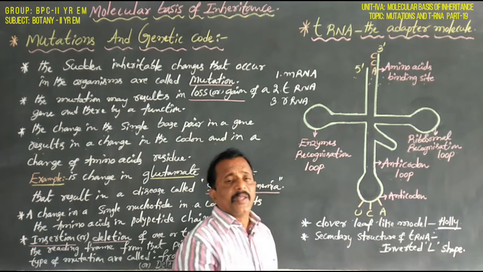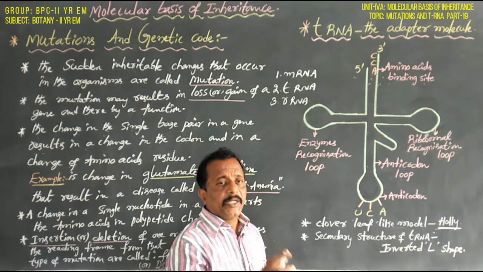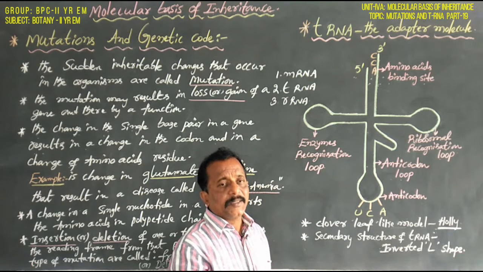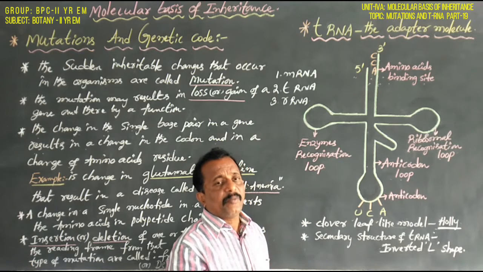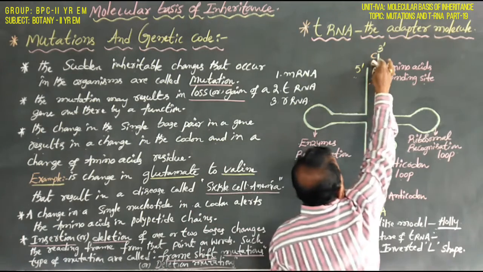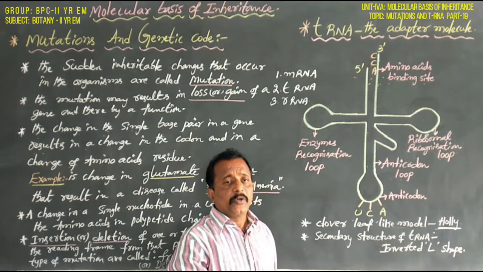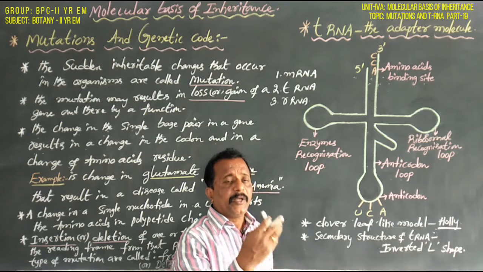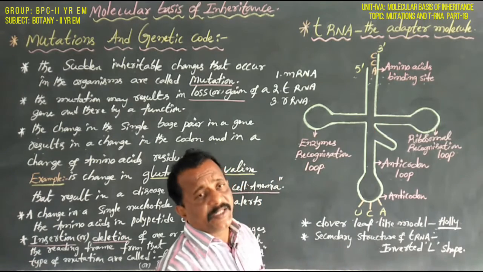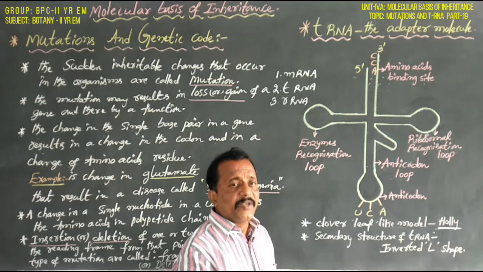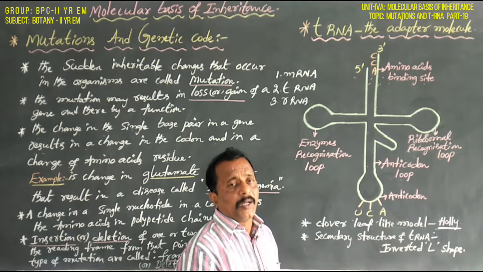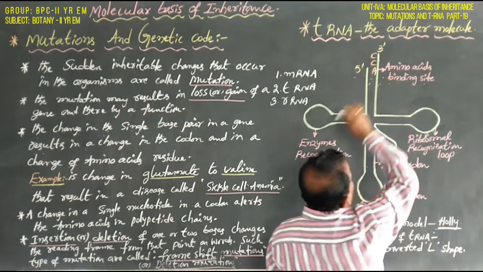Each time one tRNA brings one amino acid in the cytoplasm. The amino acid binds to the 3 prime end of the tail, using some energy, that is ATP molecules, and then the amino acid is activated. So this is the amino acid binding site.